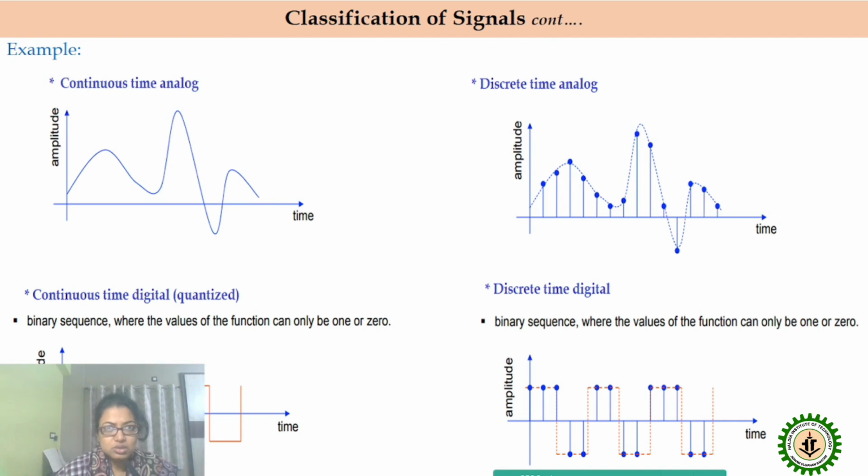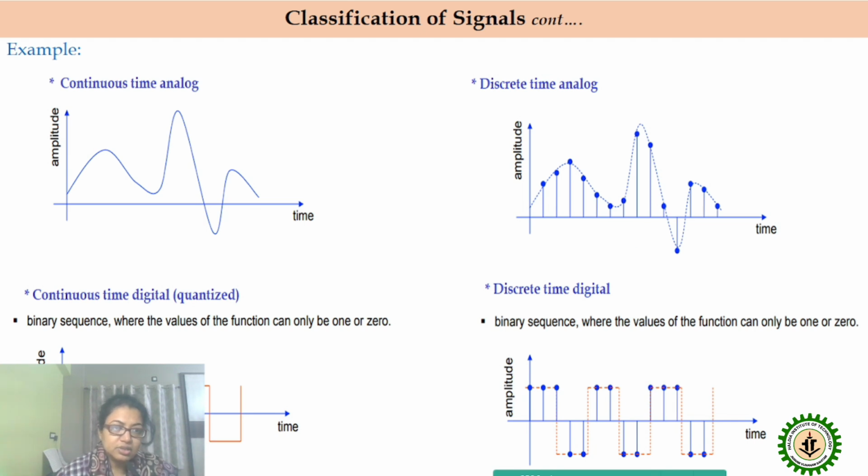This is a continuation of the last slide. This is called continuous time analog, meaning this is an analog signal where the time scale is continuous. This is also an analog signal where the time scale is discretized. Okay.